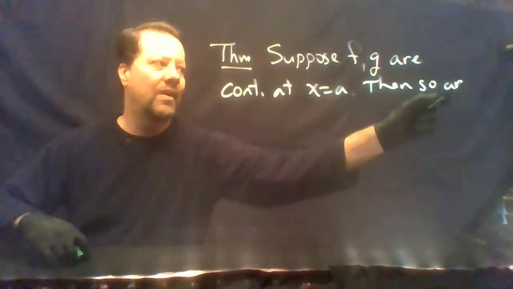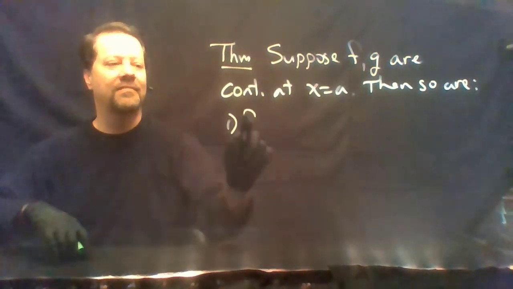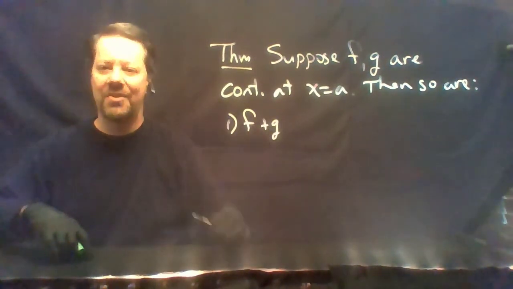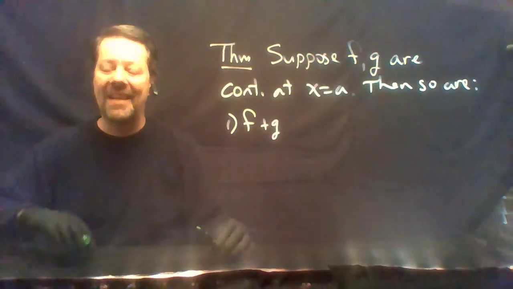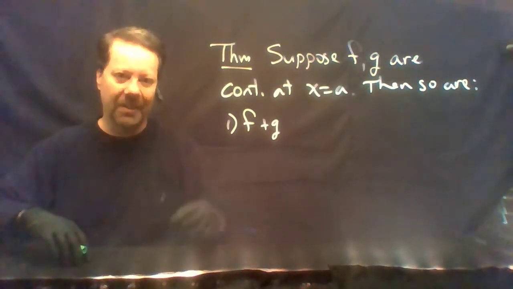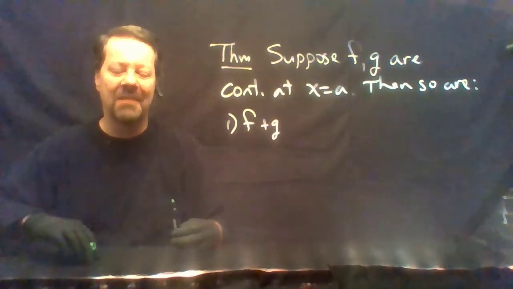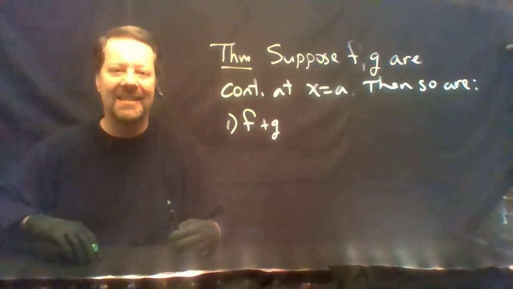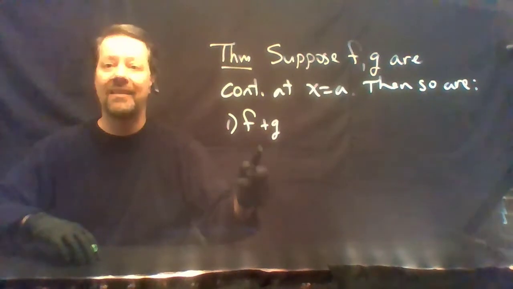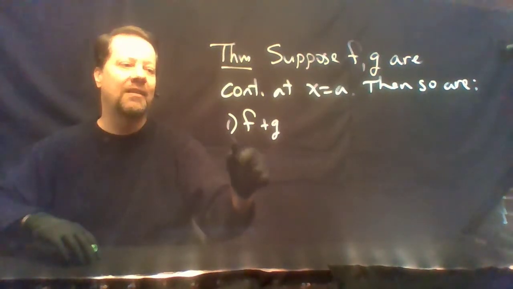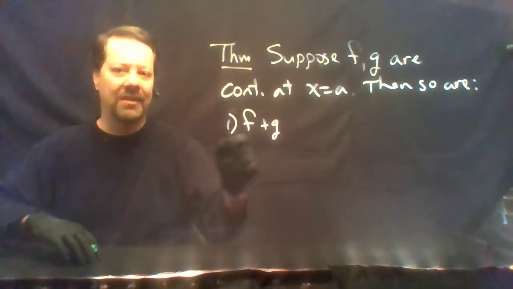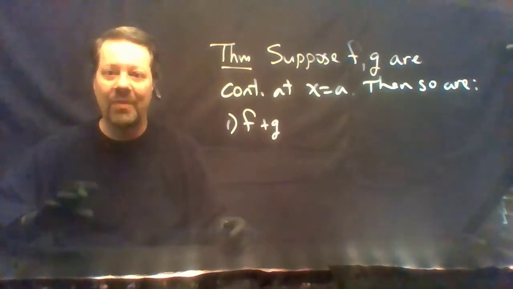Then so are the following: f plus g. When you add two continuous functions at a particular point, you get a function that is also continuous at that point. It's pretty easy to see how this proof would work out. You just check the limit of f plus the limit of g is equal to the limit of f plus g. But we already know that.